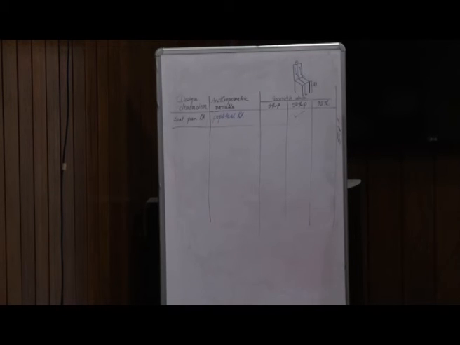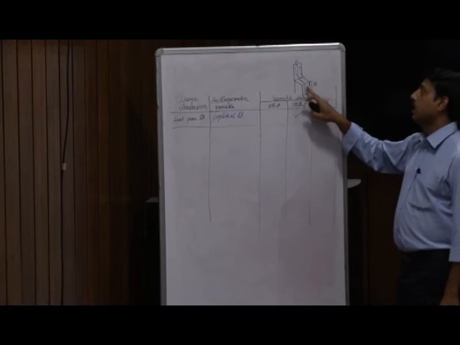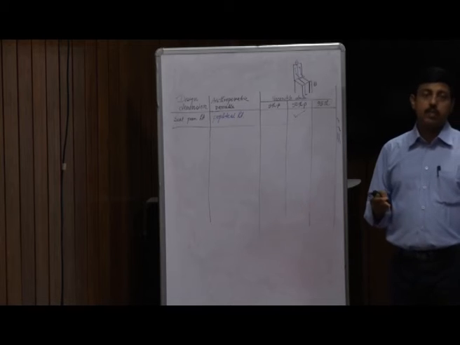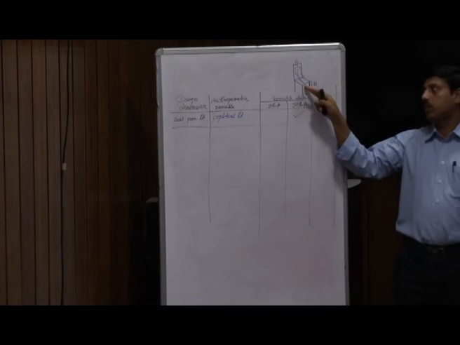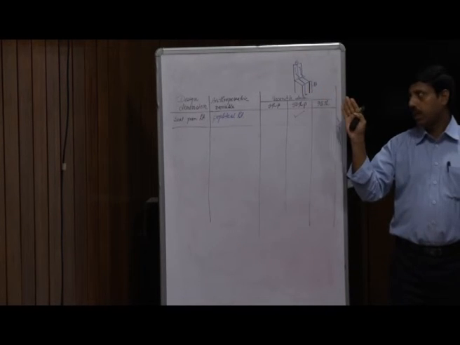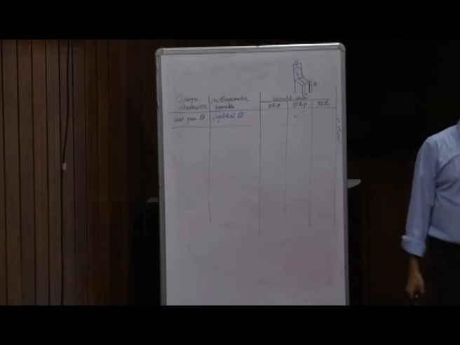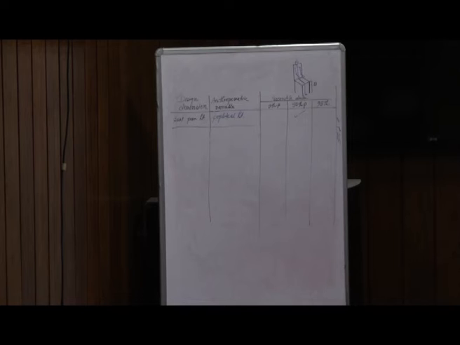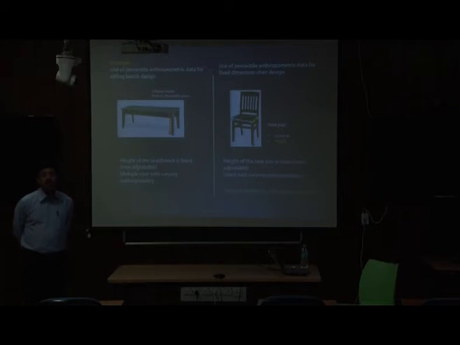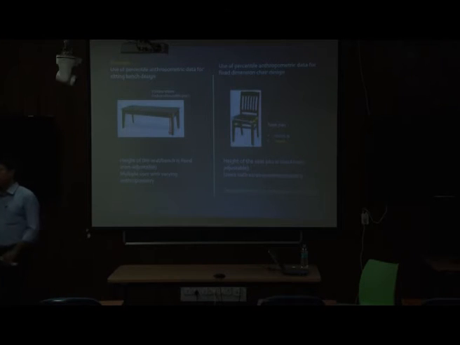People with 50th percentile popliteal height can be accommodated. It may range from 40th percentile to 60th percentile, and they are comfortable. But people with lower or very high percentile popliteal height may not be comfortable.